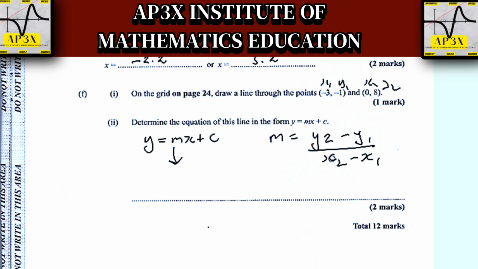So y2 works out to be 8, take away y1, which is -1, so that's 8 take away -1, and that will be divided by x2, which is 0, take away x1, which is -3. So this works out nicely to be 8 take away -1, that is 9, that's 8 plus 1 is 9, 0 take away -3 is +3, so that's 3, and 9 divided by 3 is 3. So right away I know that my gradient here is 3.